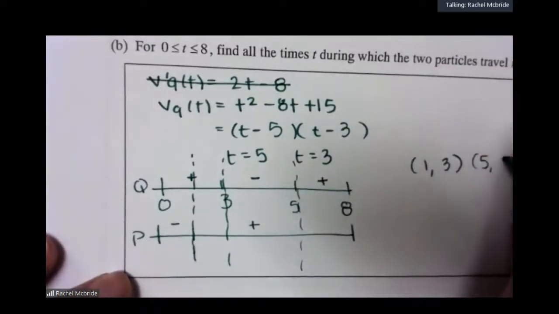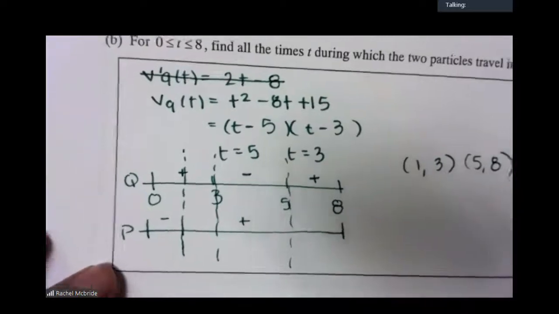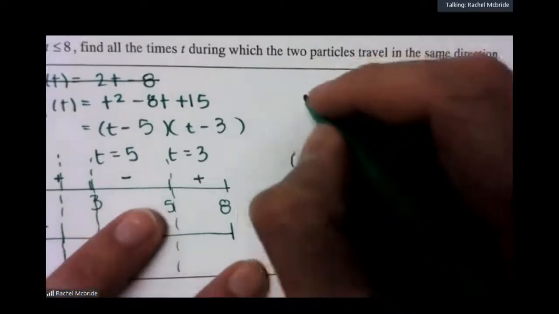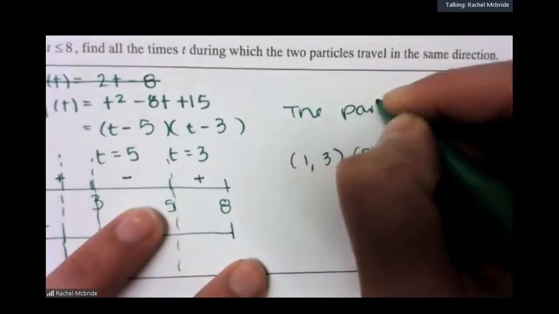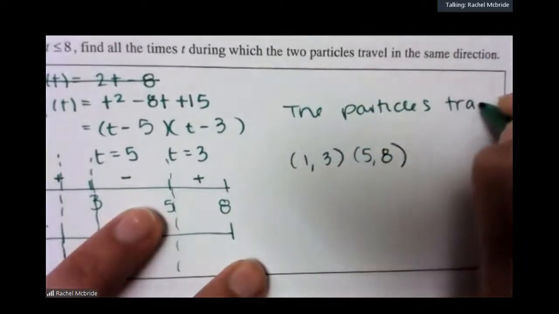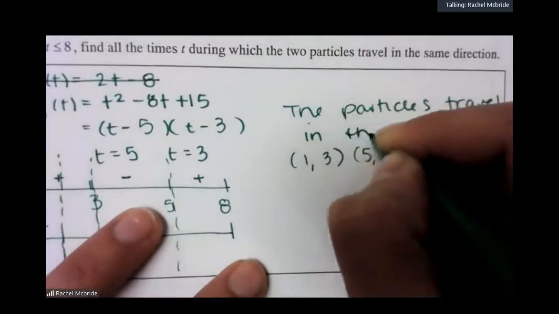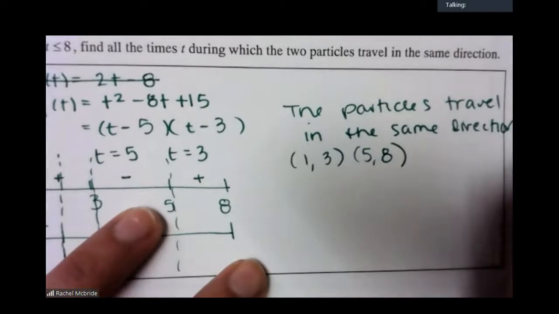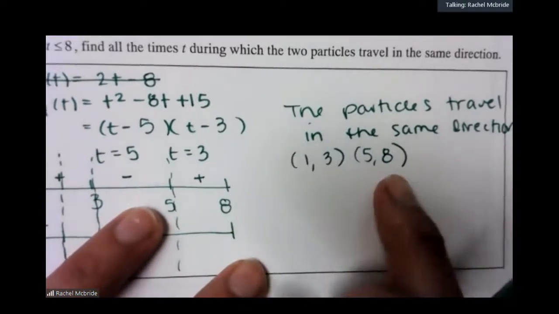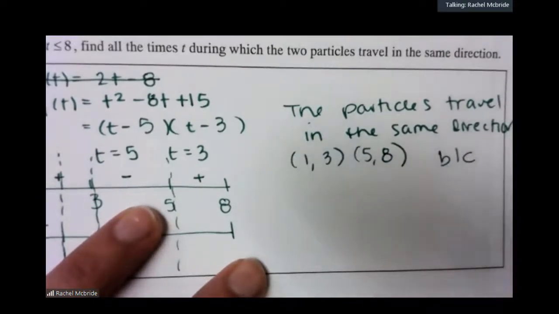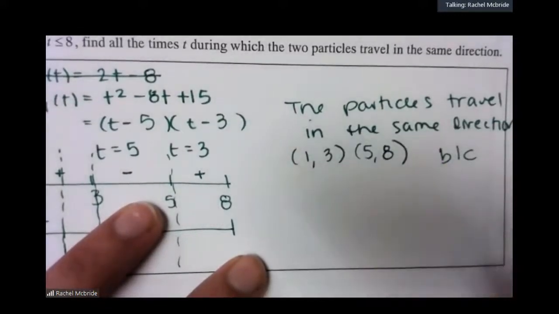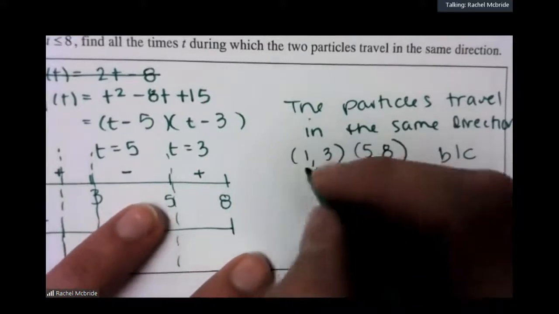And then 5 to 8. So it says find all times during which the two particles travel in the same direction. So the particles travel in the same direction at 1 to 3 and 5 to 8. And if you had to justify, it would be because they have the same sign on velocity.